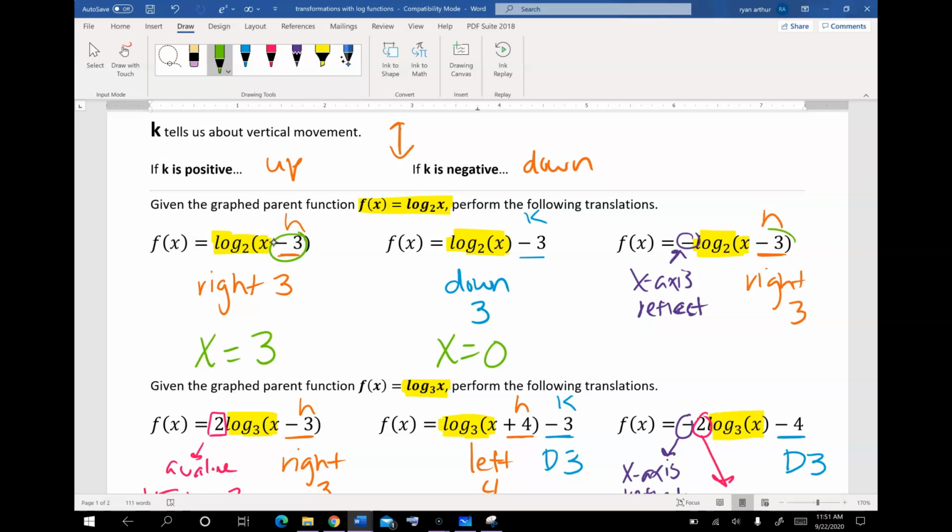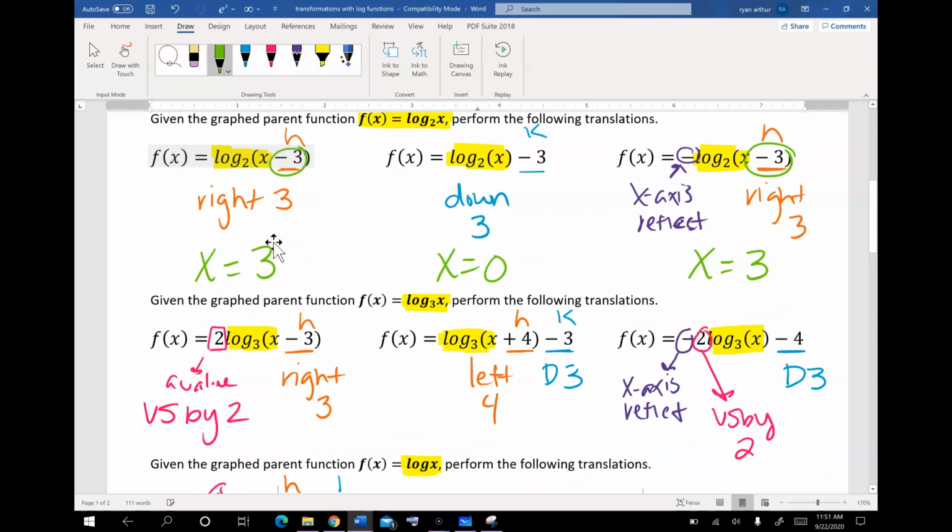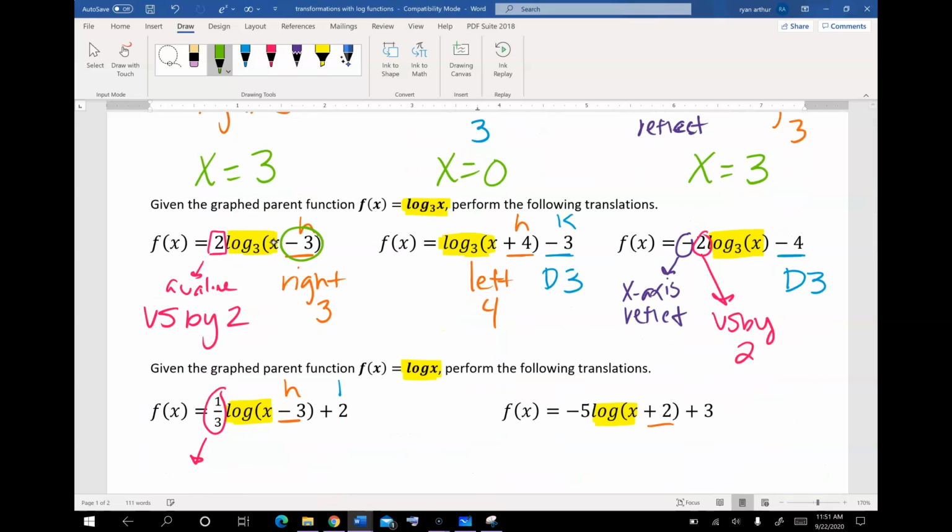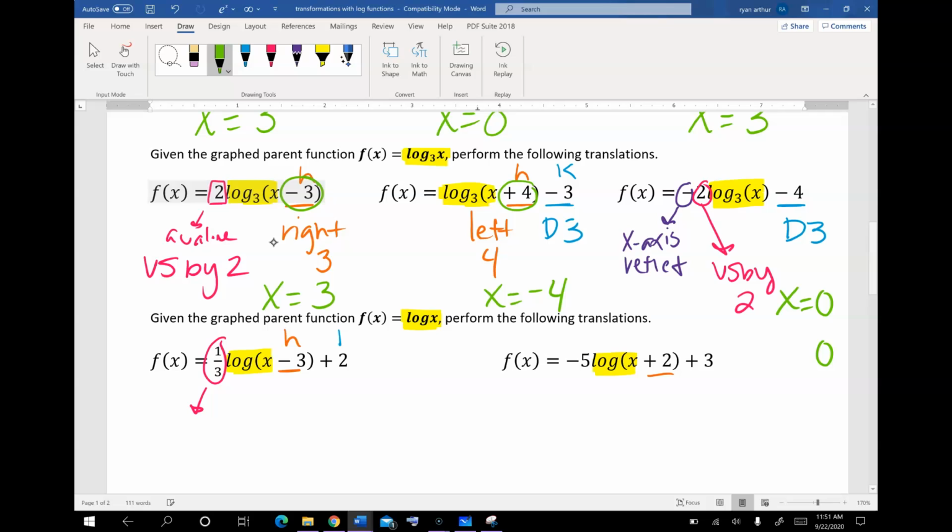Over here, my h is -3, so it's going to be x equals +3, because opposite h. Here I have another -3, so x equals 3. Here my h is +4, so x will equal -4. I have no h here, so x equals 0. My h here is -3, so x equals +3. And my h here is 2, so x equals -2.